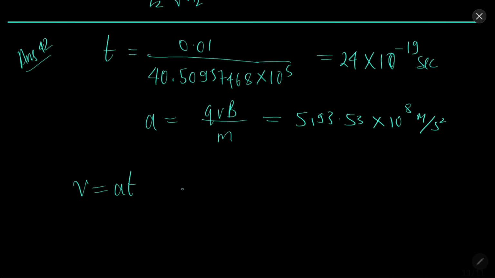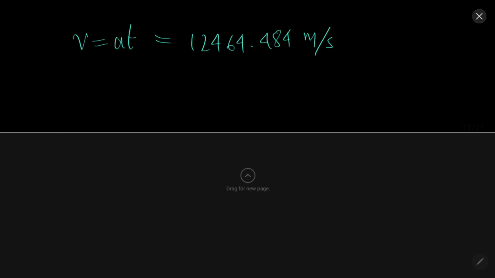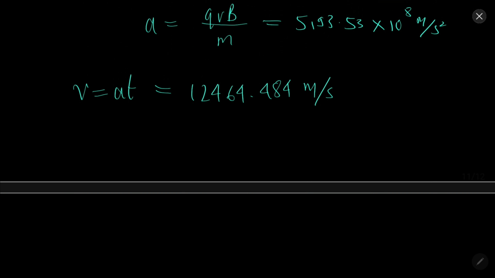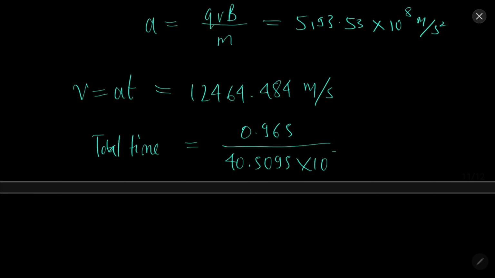V equal to at in vertical direction. When we put the value, we will obtain 12464.484 meter per second. Now total time taken to reach the screen will be 0.965 over 40.5095 into 10 to the power 5, 0.0000002382 seconds.